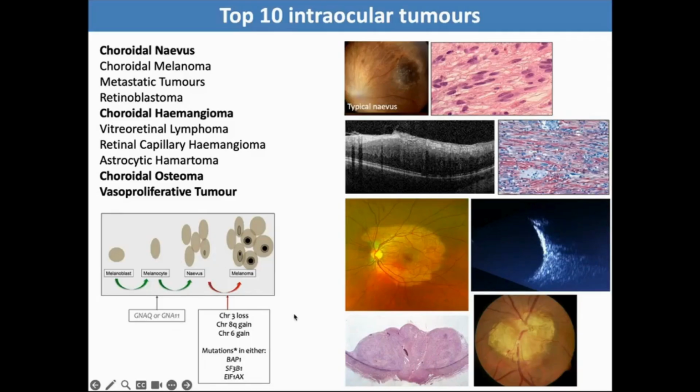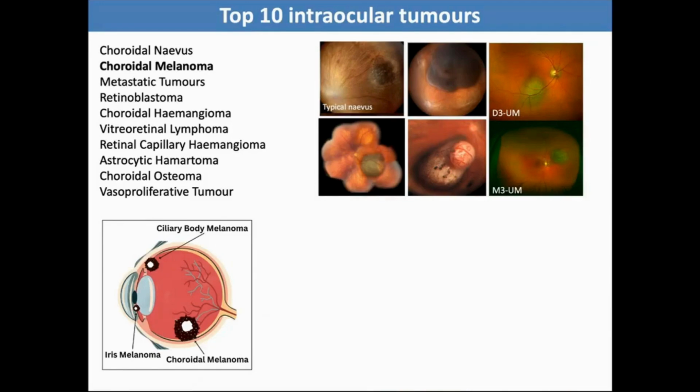But for this to continue on to a melanoma, additional mutations and alterations are required, and the most common ones are chromosome 3 loss and chromosome 6 gain. Those with chromosome 3 loss more often than not have a BAP1 mutation in addition, whereas those with chromosome 6 gain have an EIF1AX mutation. And this was demonstrated, I'll just show.